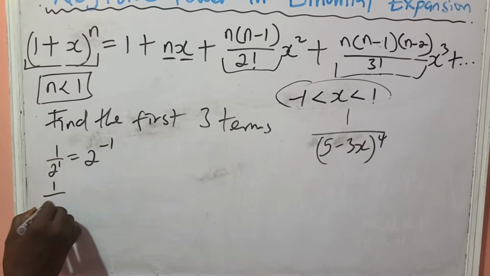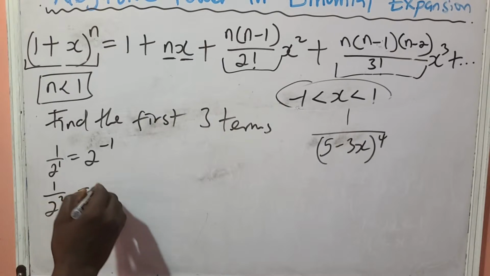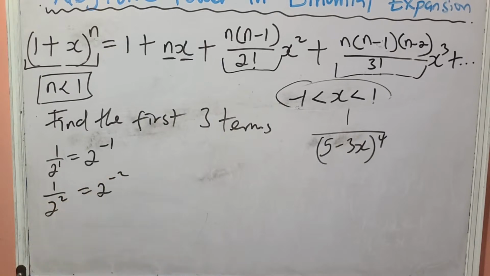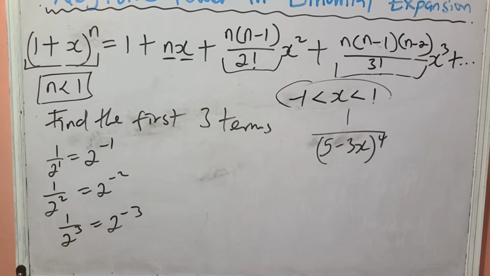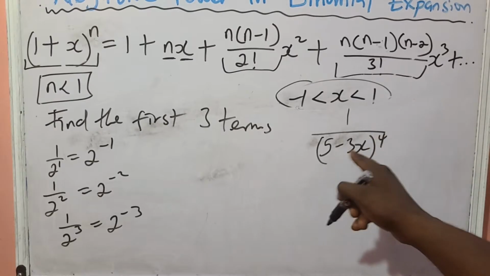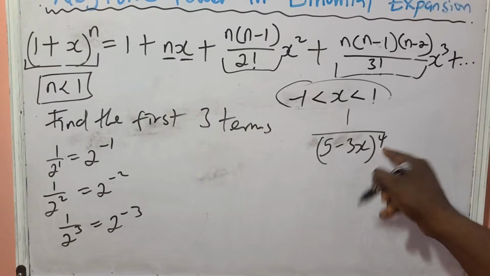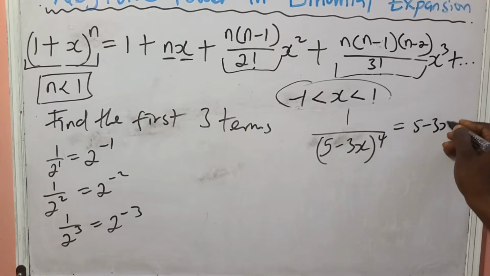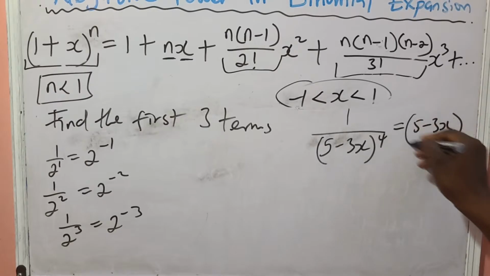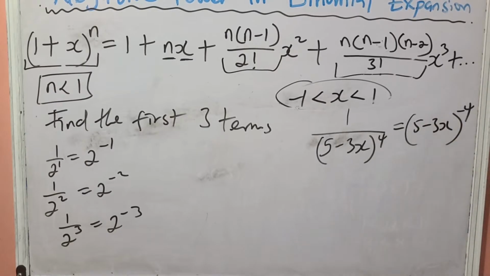If you have 1 over 2 raised to power 2, it is the same thing as 2 raised to power minus 2. If you have 1 over 2 raised to power 3, it is the same thing as 2 raised to power minus 3. So the same thing goes here: 1 over (5 minus 3x) raised to power 4 is the same thing as (5 minus 3x) raised to the power of minus 4.